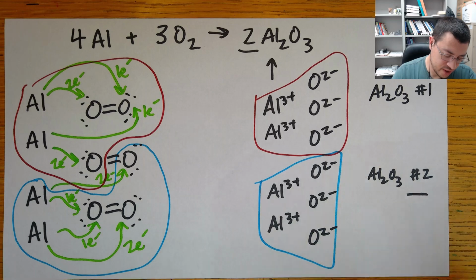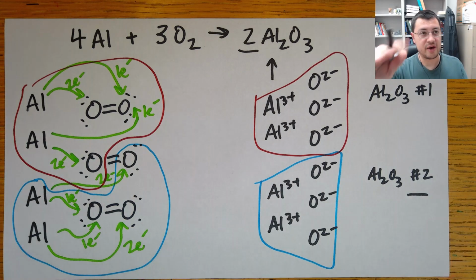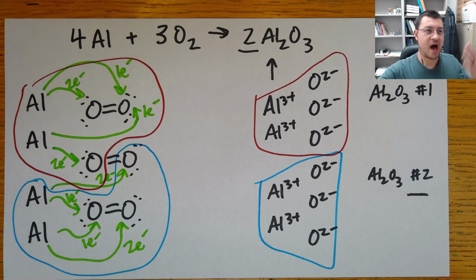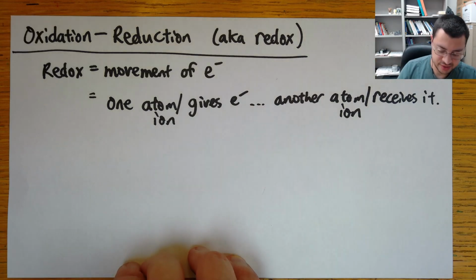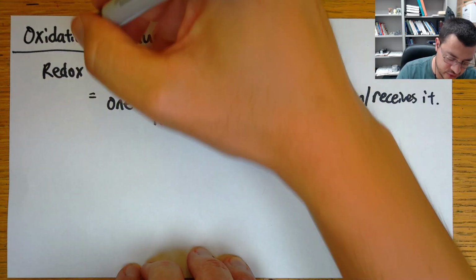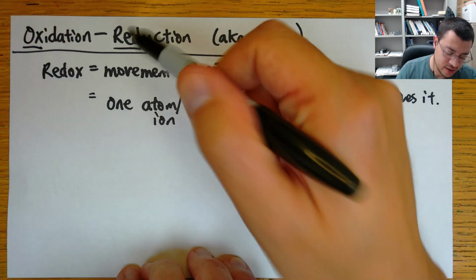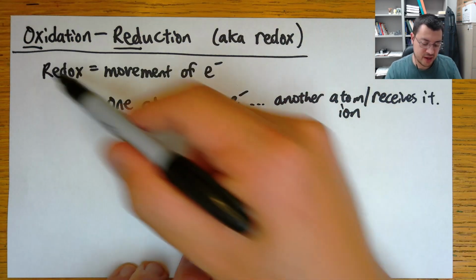All right, so aluminum became oxidized. That's the terminology. This is how we assign what's getting oxidized versus what's being reduced. Redox. Okay, that's a shorthand way of saying oxidation-reduction. But I suppose redox flows off the tongue better than ox-red.